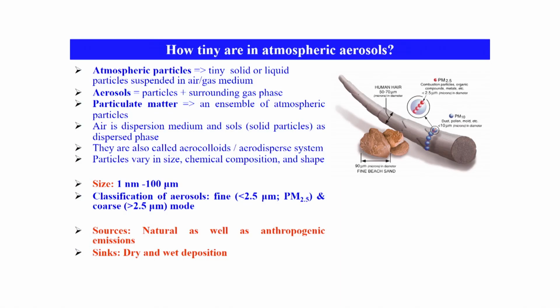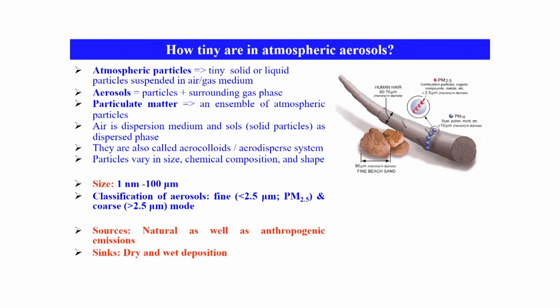But in general terms, aerosols also consist of different types of atmospheric particles. So when you say aerosol, your surrounding medium or dispersion phase is very important, but when we say particulate matter, the dispersion phase is not important, it is not considered here.